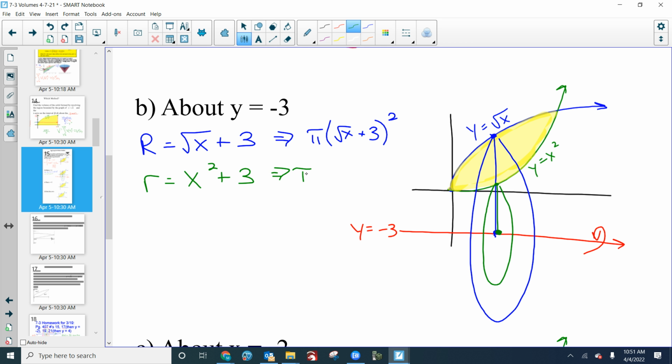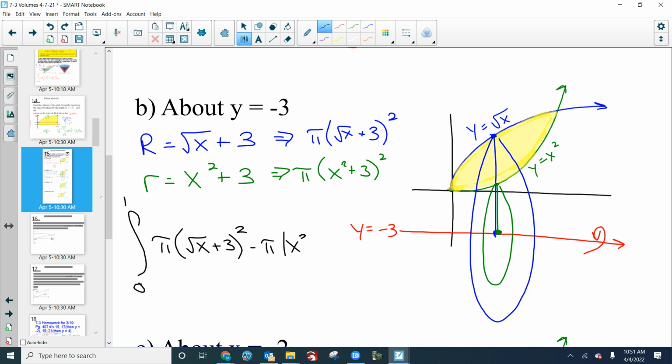We're doing a pi times that squared. And we're going to end up subtracting these in the integrand. So we are stacking these still going from 0 to 1. Pi radical x plus 3 squared minus pi x squared plus 3 squared dx. Agree? Be careful. Make sure you put parentheses around the whole R.